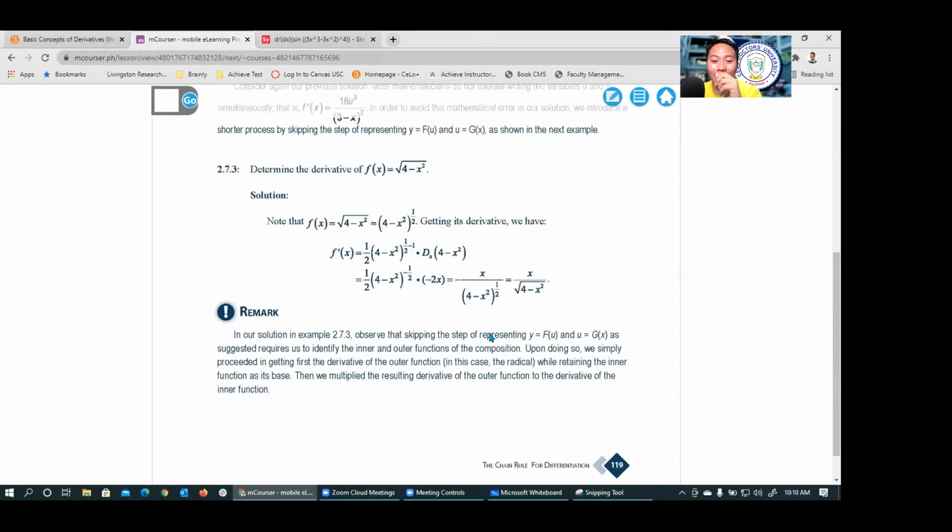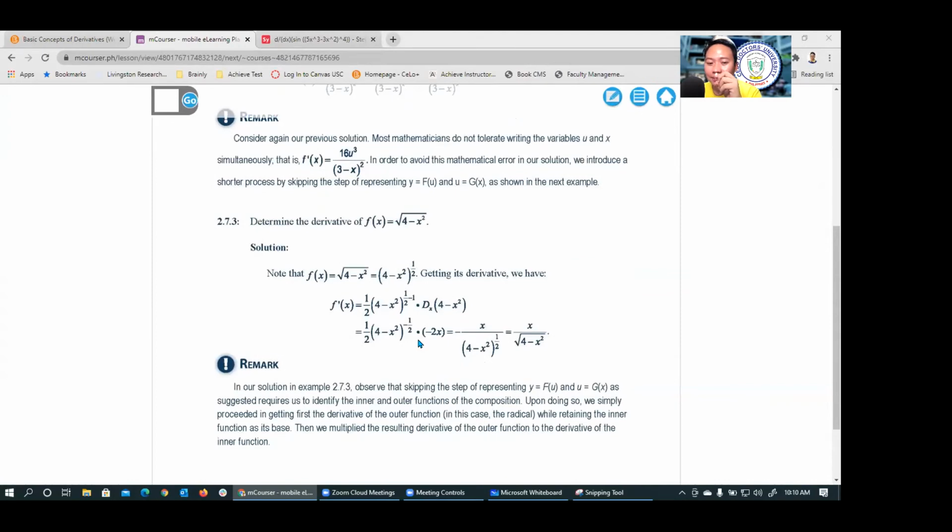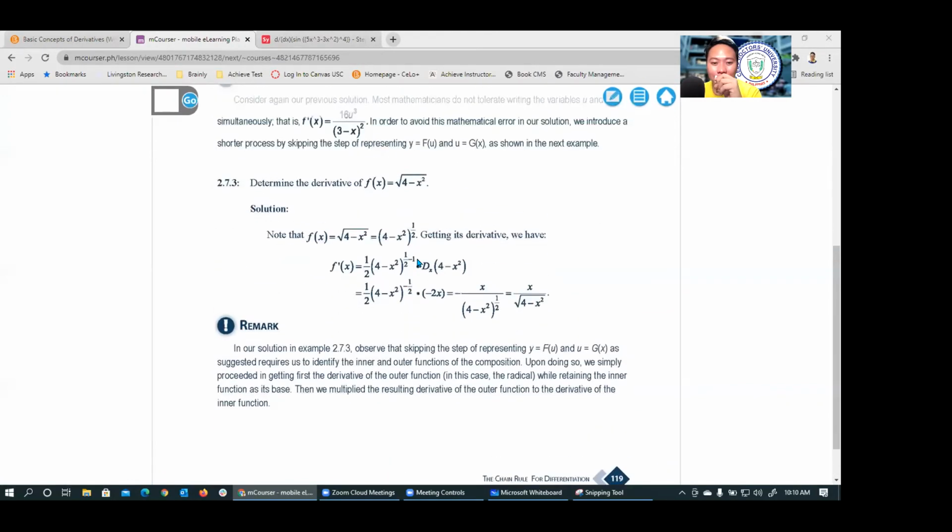So the book, guys, will show you more examples. This one here is also another example. Look, the square root of 4 minus x squared is written as (4 minus x squared) raised to the power of 1/2. Why did we do that? It's due to the laws of exponents: a square root can be written as an exponent of a half.